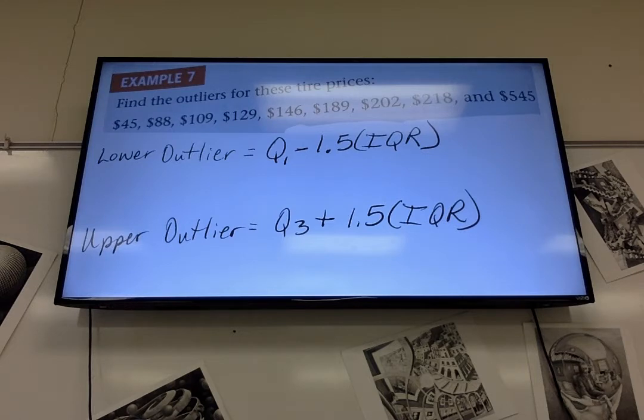And there's 9 numbers. They're already in order. So we just got to find Q1 and Q3. Well, in order to do that, I have to find Q2. So the number in the middle is Q2.